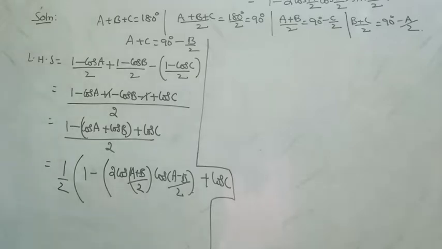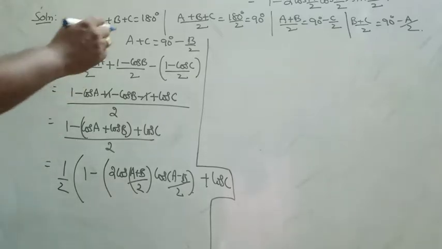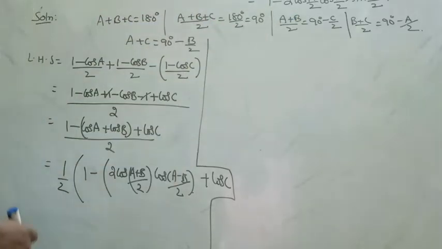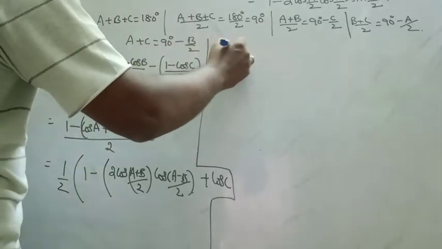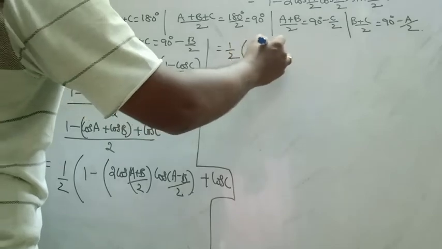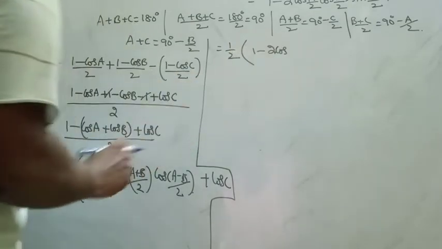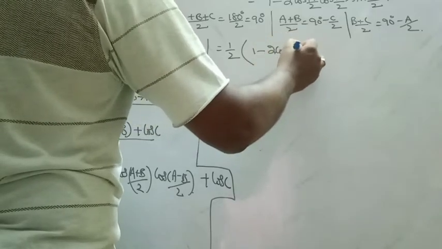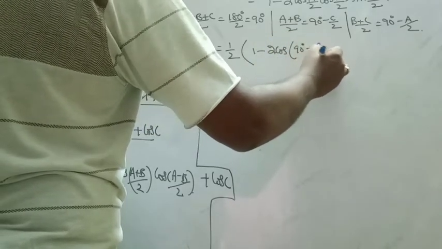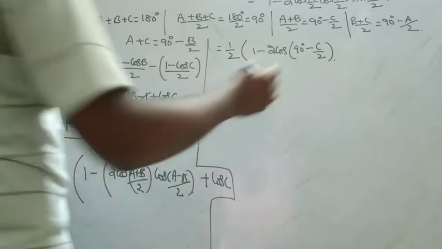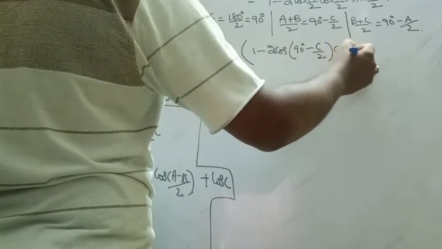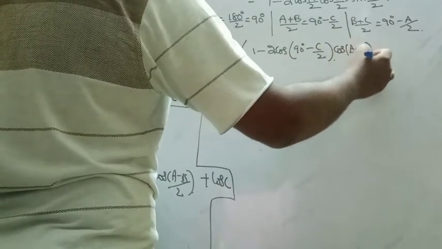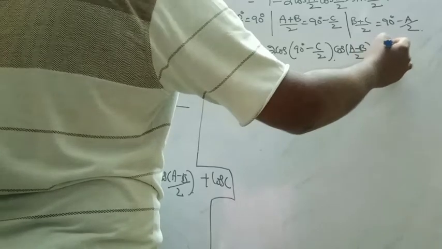Now after getting this, you know that (A + B)/2 = 90 degrees − C/2. Let us apply that formula. This is equal to 1/2 times (1 − (2 cos (A + B)/2 cos (A − B)/2 + cos C)). (A + B)/2 is nothing but 90 degrees minus C/2, so this becomes 1/2 into (1 − 2 sin C/2 cos (A − B)/2 + cos C).